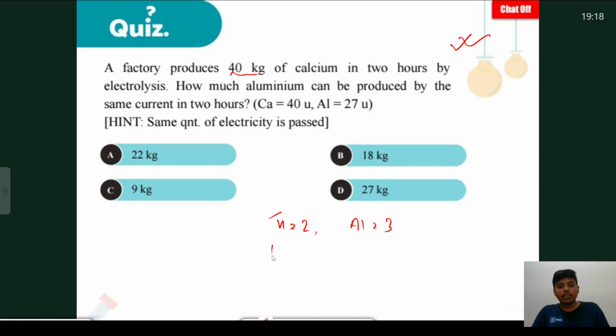So E of calcium is 40 by 2, 20, and E of aluminum will be 9. Therefore 40 by 20 is equal to weight of aluminum by 9. Here you get 2, so weight of aluminum is 80. Easy.